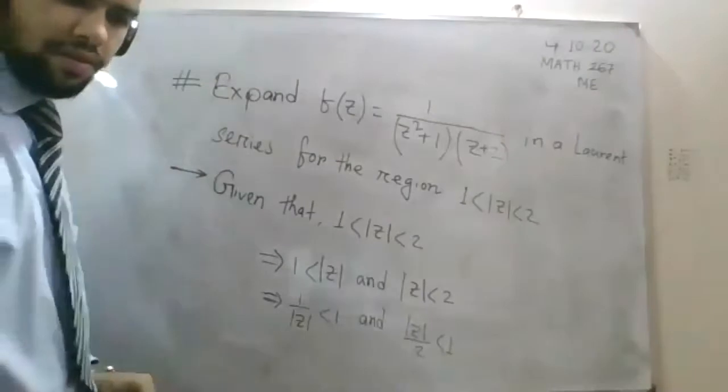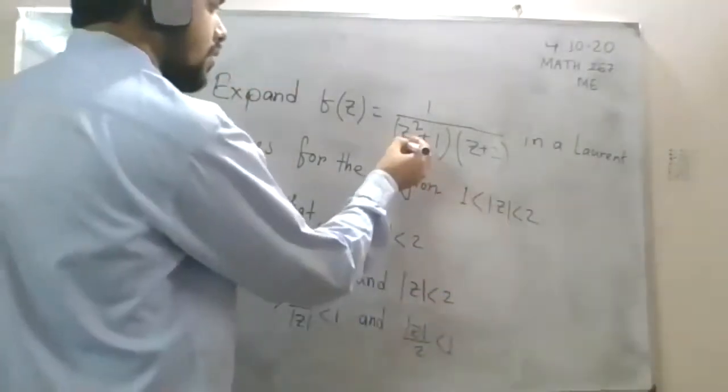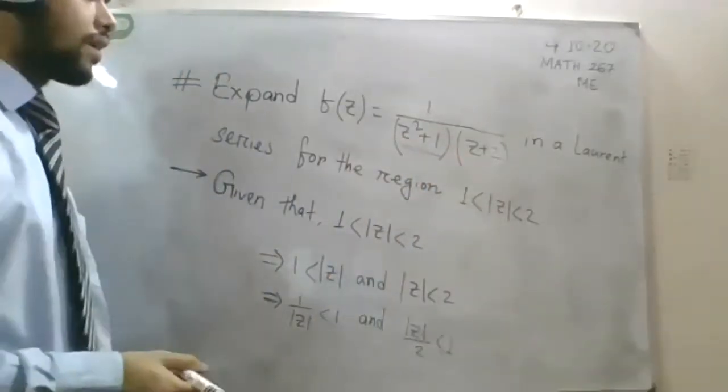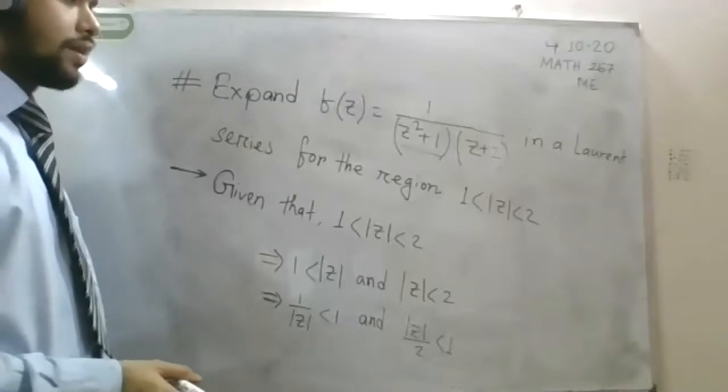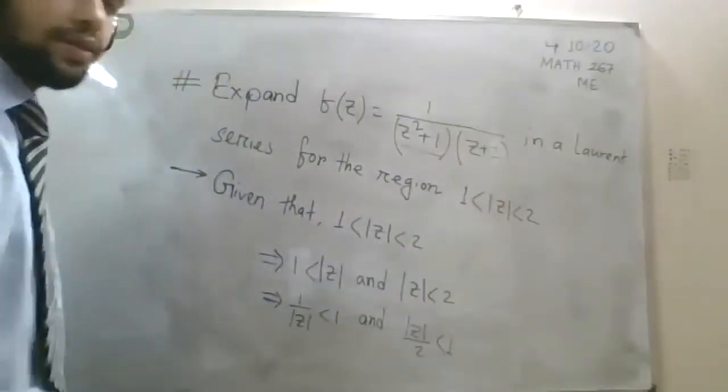And here, let's take a look. One of them is z square plus 1, and another one is z plus 2.